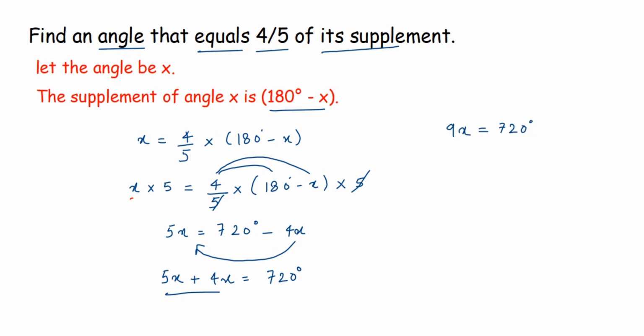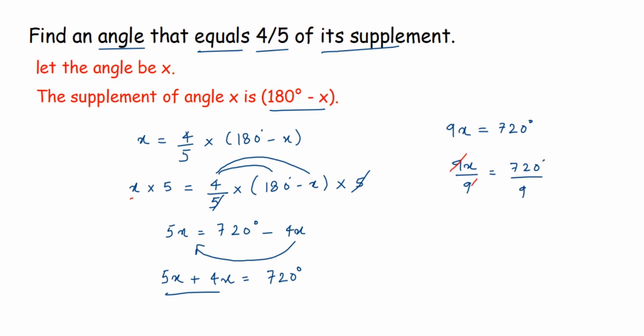We have to find the value of x, so we don't want 9 here. How to eliminate this 9 from the left side? It is 9 times x, and multiplication's inverse operation is division. Divide both sides by 9. So 9x divided by 9 equals 720 degrees divided by 9. On the left side, 9 gets cancelled.